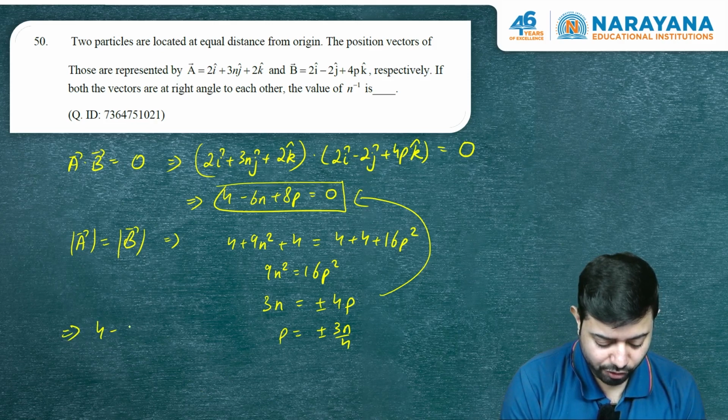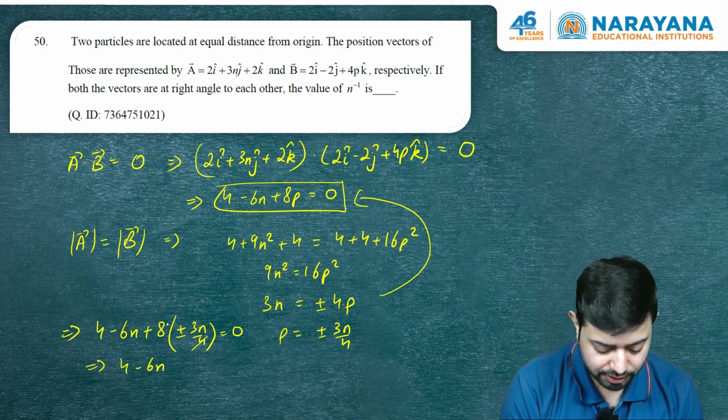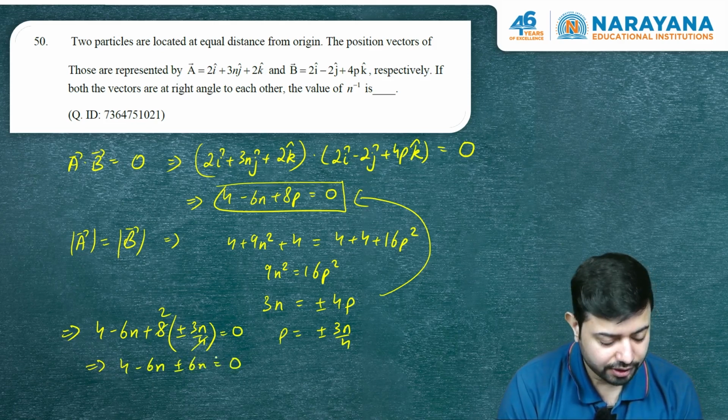Now this will become 4 minus 6n plus 8 times plus minus 3n by 4 equal to 0. If you solve it, 4 minus 6n, 4 1 ja 4 2, 2 3 ja 6. So plus minus 6n equal to 0, right.